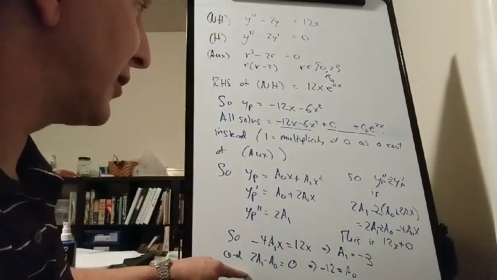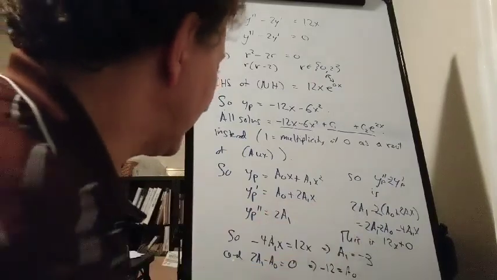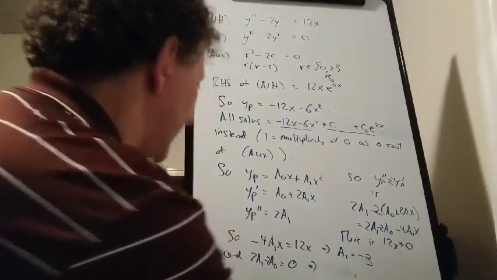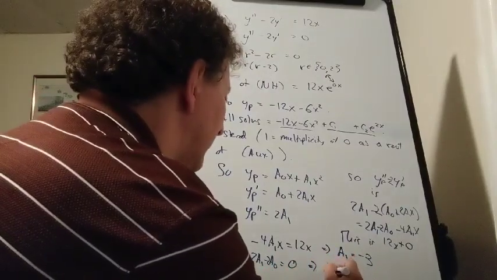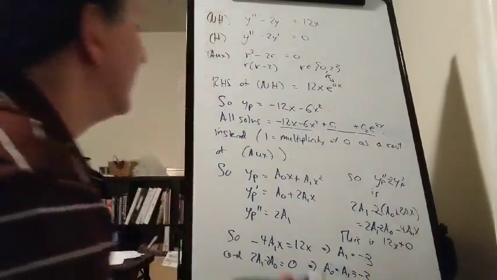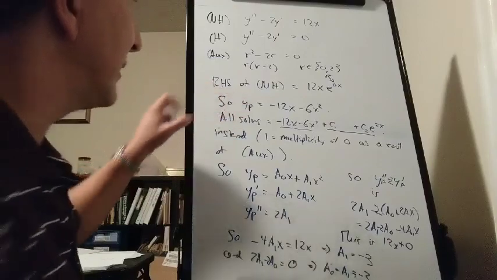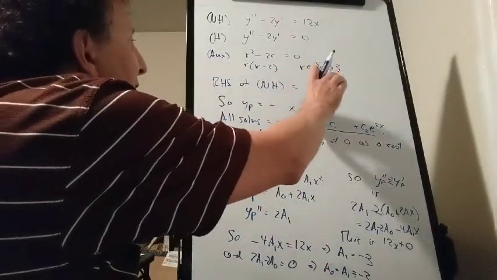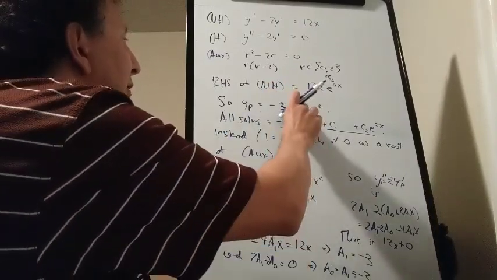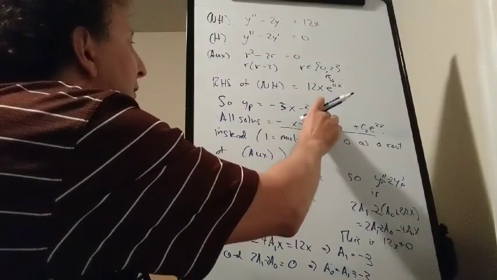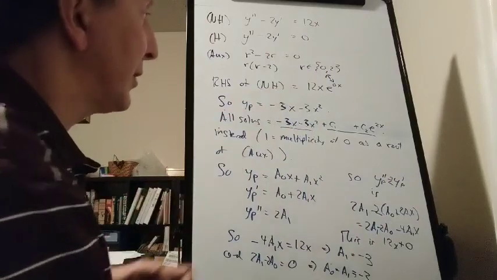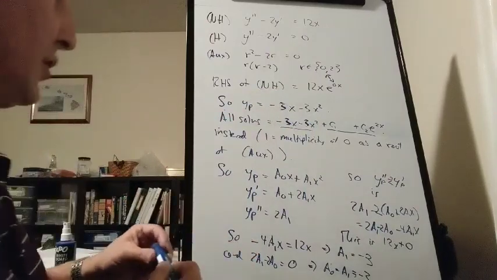And then if we look at constant terms, we've got 2a1 minus 2a0 equals 0, which means that a1 and a0 are the same as negative 3. So our particular solution doesn't have these coefficients negative 12 and negative 6, but negative 3 and negative 3. And then all solutions are minus 3x squared, plus all solutions of the homogeneous equation.